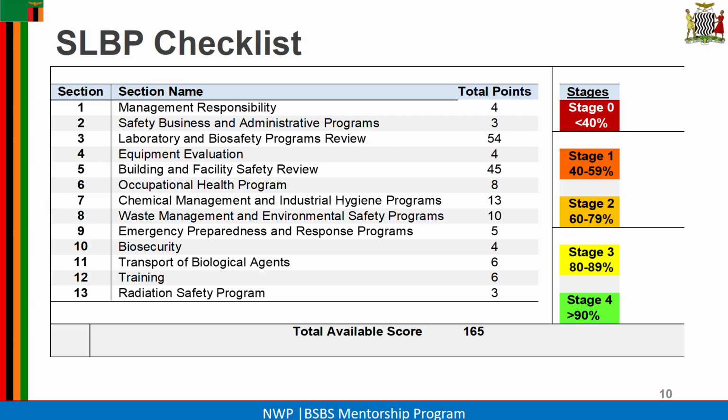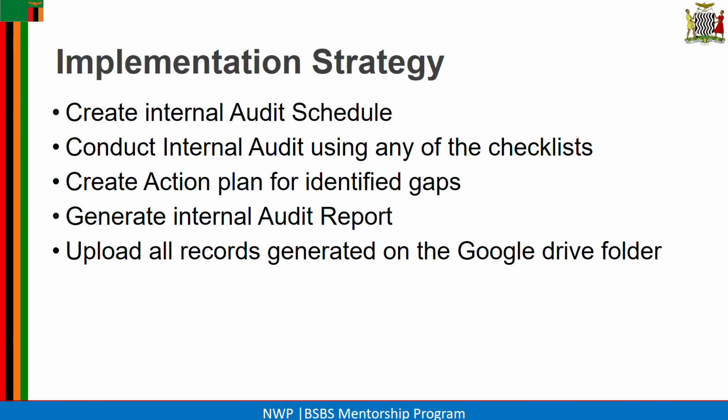You'd rather use the National Biosafety and Biosecurity checklist, because it has a broader coverage of biosecurity in terms of what is required when you are implementing a new program, or when you want to sustain a certain program. The total number of points is 165, and the grading for this one is from stage 0 to stage 4.